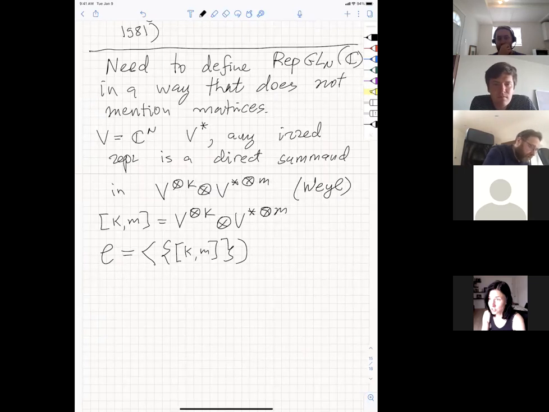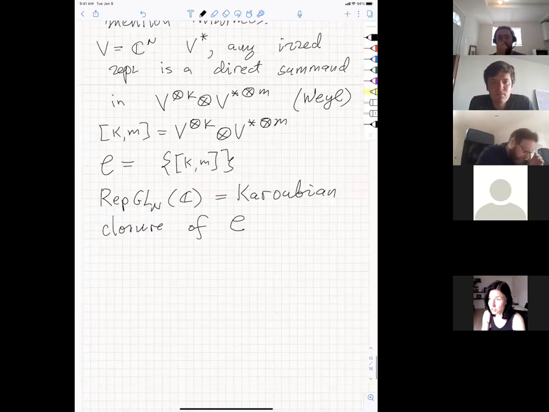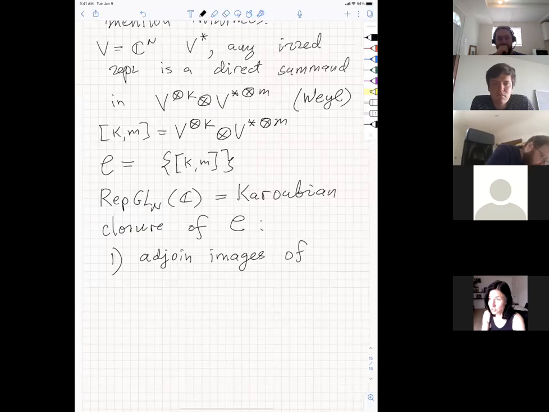And then Rep GL_N is what is called the Karoubian closure of this category, which is a general procedure that you can make with any additive category, which means we first of all adjoin images of projectors.